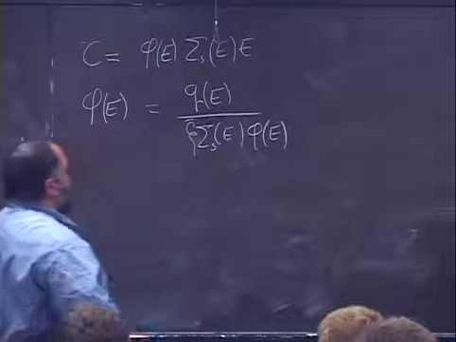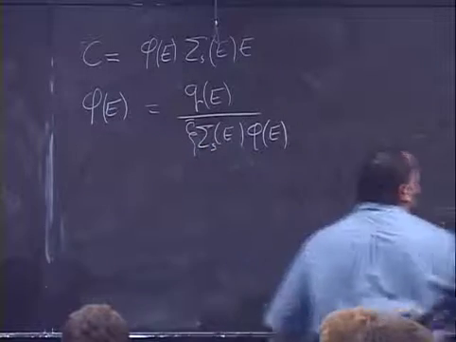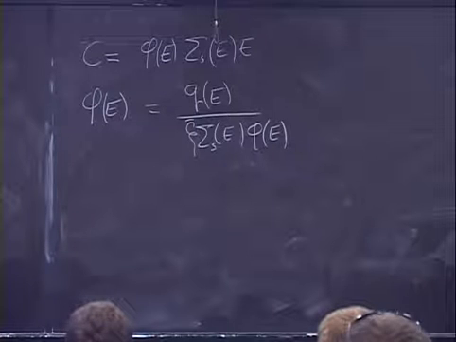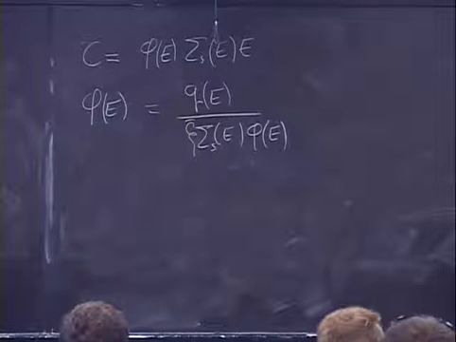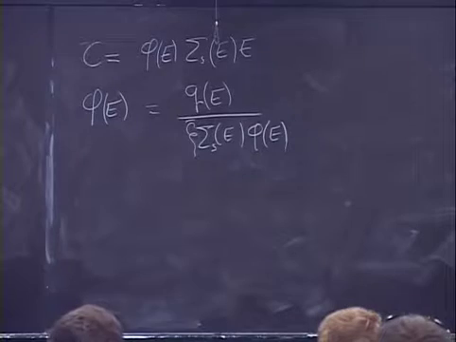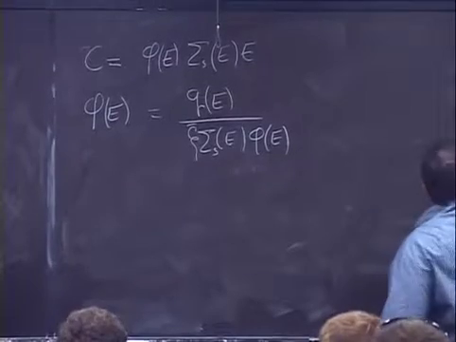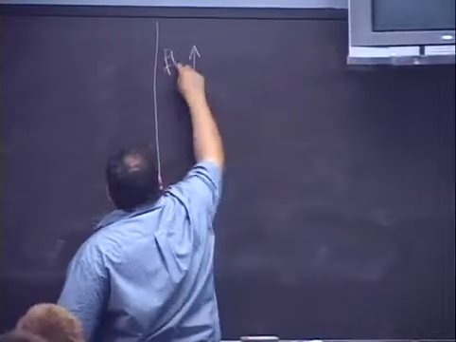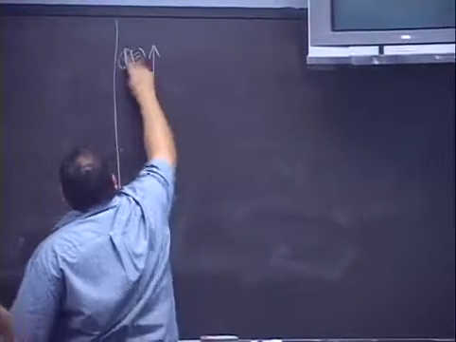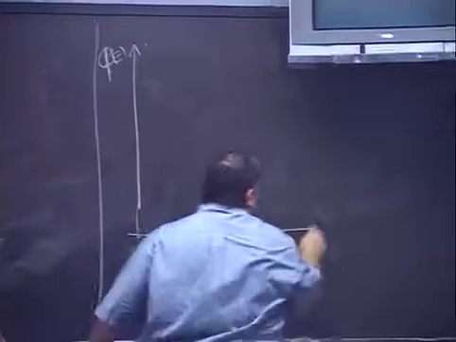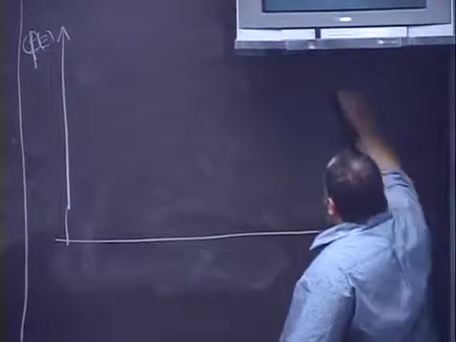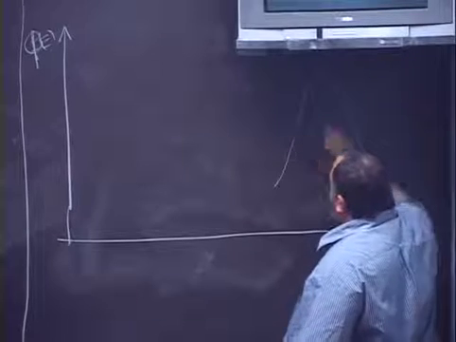Now, how many cases have we solved so far? So far, this is the distribution function of energy for the flux. Let's assume this is phi of E, and this is energy E. And this energy of the fission, it takes the form of what?